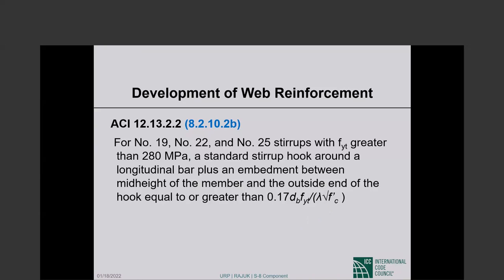These are not terribly common, I would say. Standard stirrup hook around a longitudinal bar plus an embedment between mid height of the member and the outside of the hook equal to or greater than the quantity given.